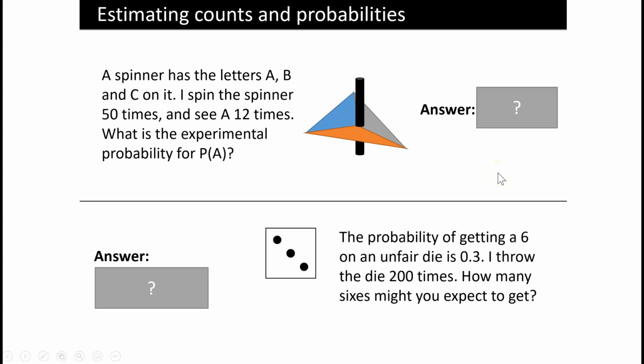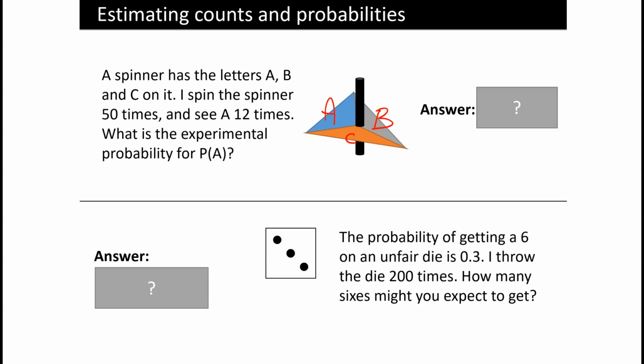So we've got a spinner. The spinner has A, B, C on it. I spin the spinner 50 times and I see A 12 times. What is the experimental probability? Well, you can use the information you've got here.